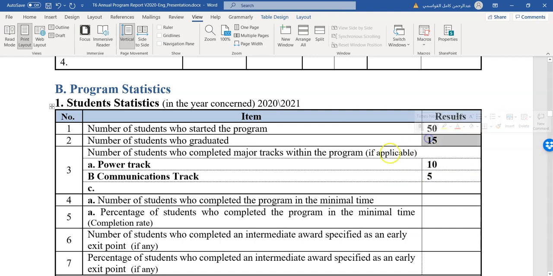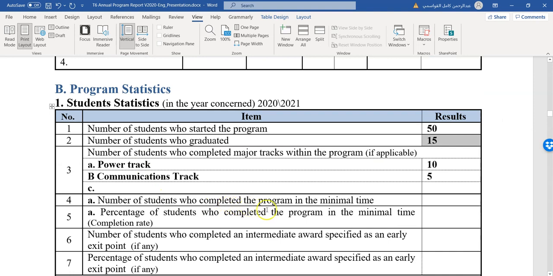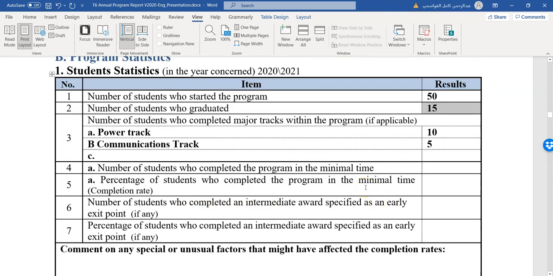Now let's talk about the number of students who completed the program in the minimal time, which means if your study plan is 5 years, they have to finish the curriculum within 5 years. So this is the minimal time in which the students should complete the program.